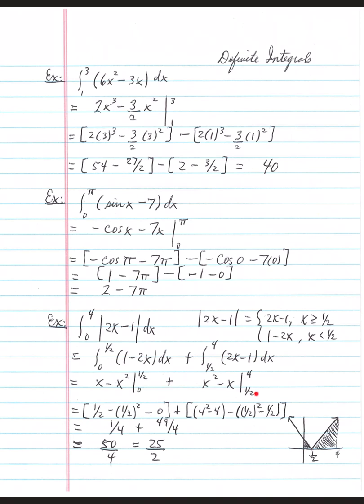evaluated at 4 and 1/2. Back to the first part, 1/2 minus 1/2 squared minus 0 subbed in is just going to give us a 0.